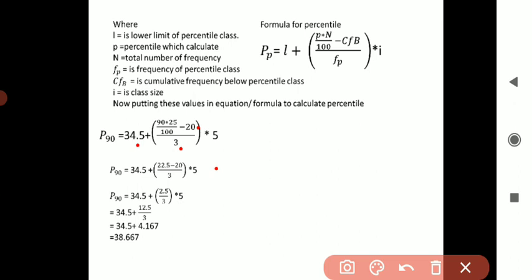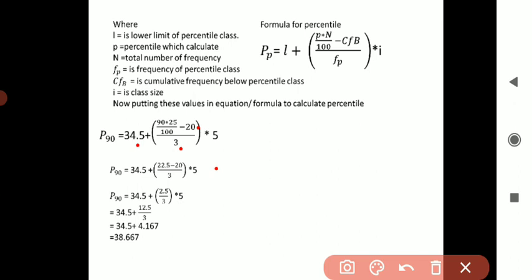Now we solve this with simple mathematics. 22.5 minus 20, we get 2.5, then 2.5 multiplied by 5, we get 12.5, and when we divide 12.5 by 3 we get 4.17, and we add it to 34.5, we get 38.667. So this is the score for the 90th percentile.